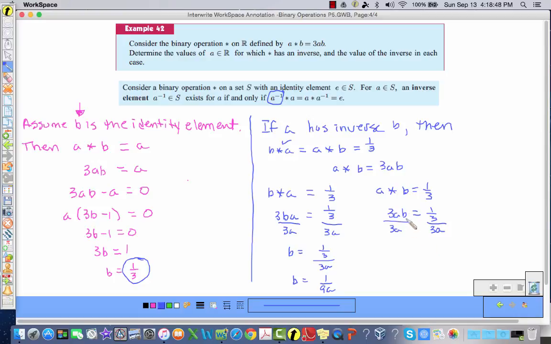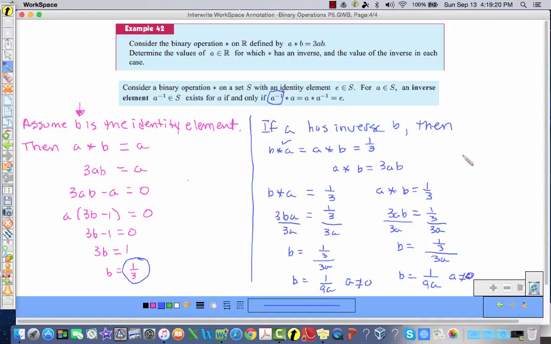Dividing both sides by 3A, B equals 1/3 over 3A, and that gives me B equals 1/(9A). So we got the same thing. So we do have some inverses that exist. Now what we do have to state here, and I should have stated it before, is A cannot equal 0, because then we would have 0 in the denominator, which is undefined.